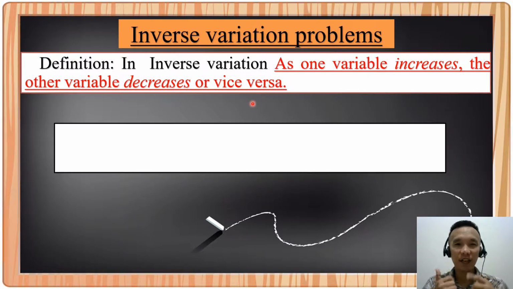On the second picture, you have two persons walking in opposite directions. As the lady comes toward our direction, the man goes in the other direction. So that is what we call an inverse variation.